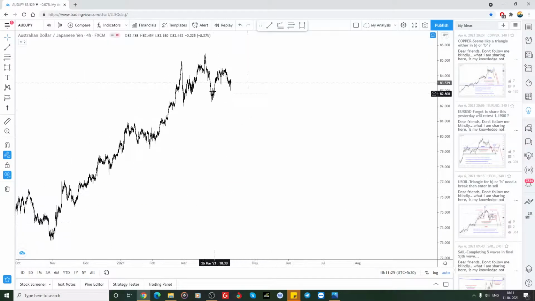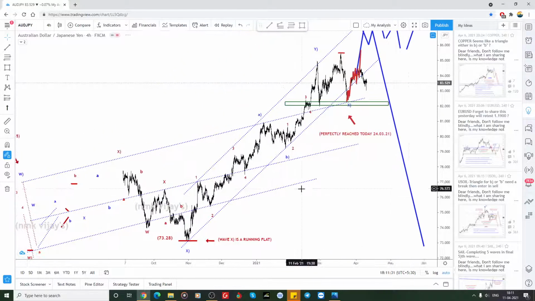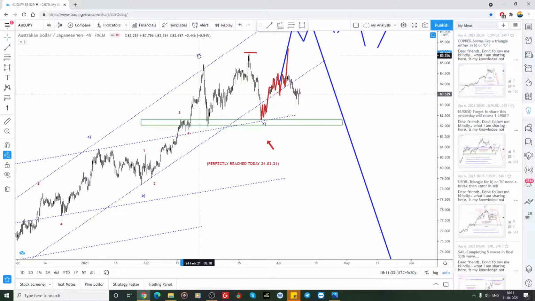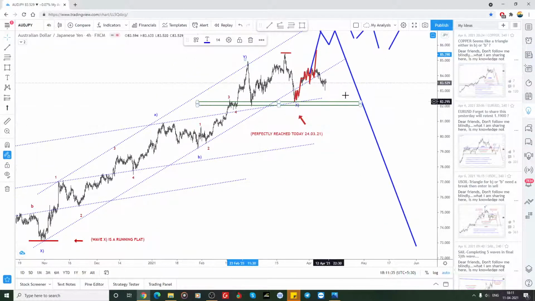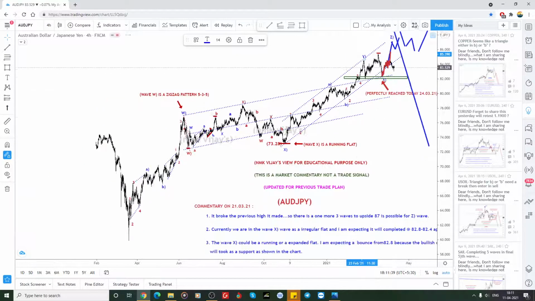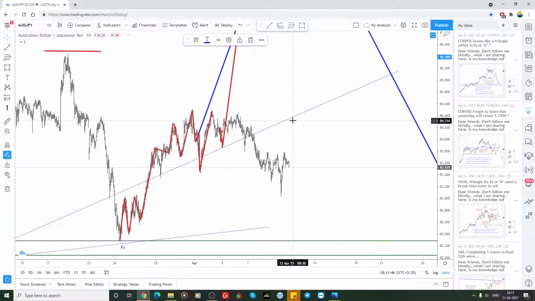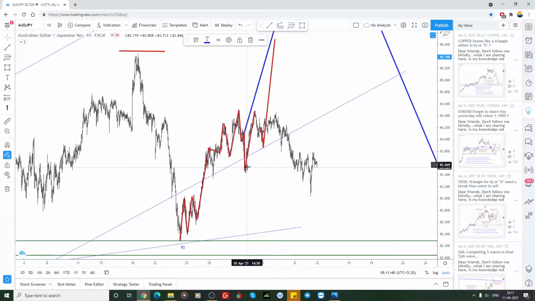So AUD JPY, I took this as a running flat, where this is Y and this is X. So I'm expecting A, B, C to complete that structure up to 87. So still it is in processing. Now the 5 waves look like an impulsive wave, and again it came down to the downside.